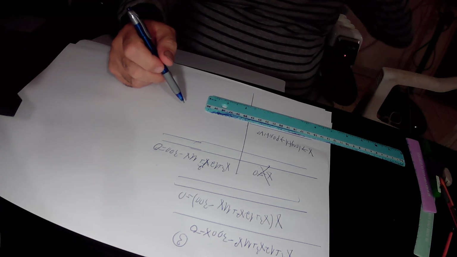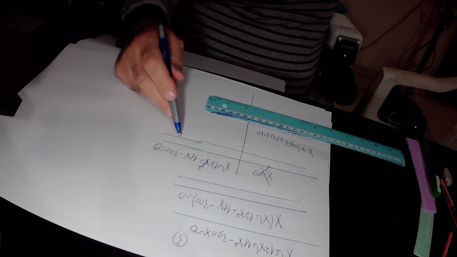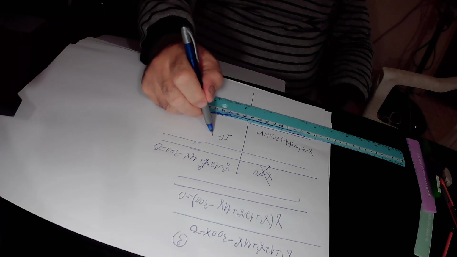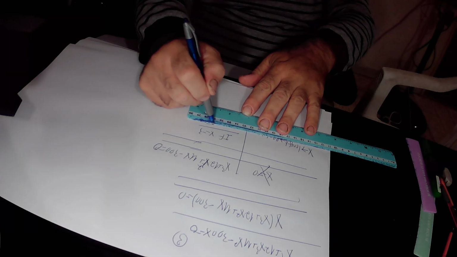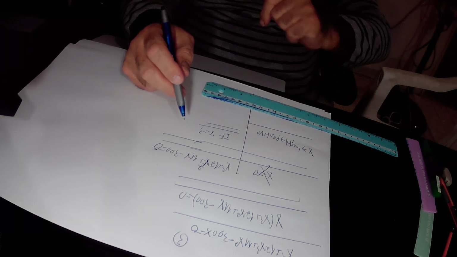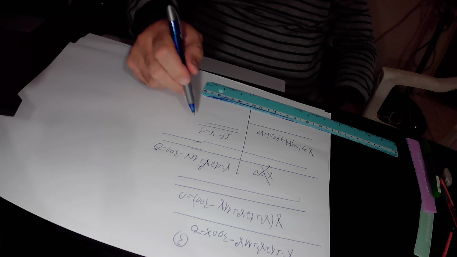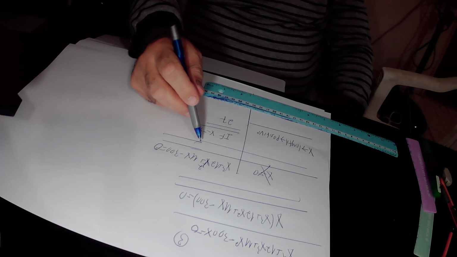So first of all, we check whether x equals to 3 solves this equation. If x equals to 3, then we just have to substitute x by 3 in this equation, and we get that x cubed equals 3 cubed. 3 cubed is 3 times 3 times 3, that is 27. Plus 12x squared.